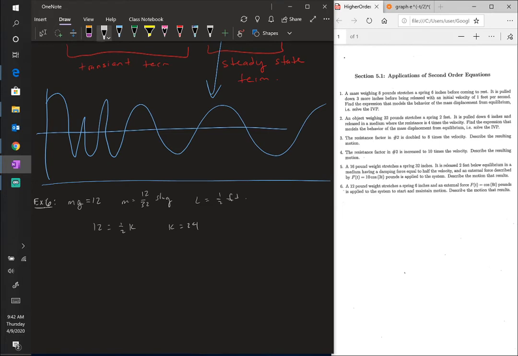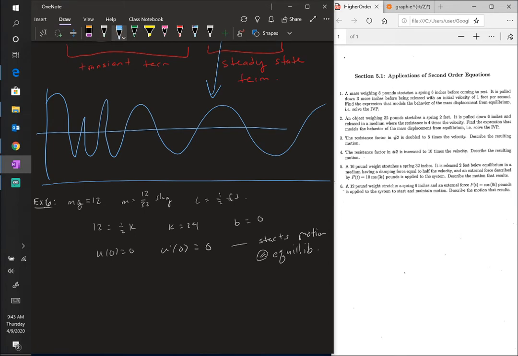No damping, so B is 0. It started at equilibrium, so U of 0 is 0 and U prime of 0 is 0. So it starts motion at equilibrium.